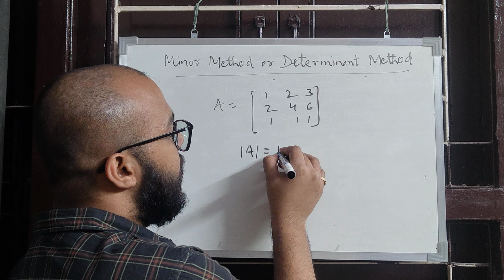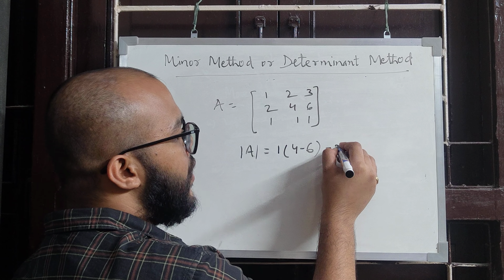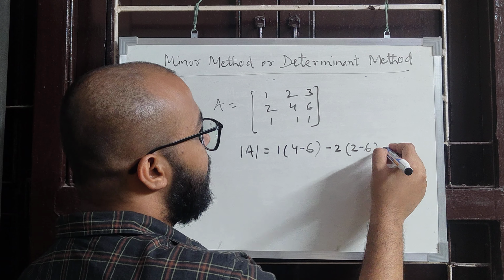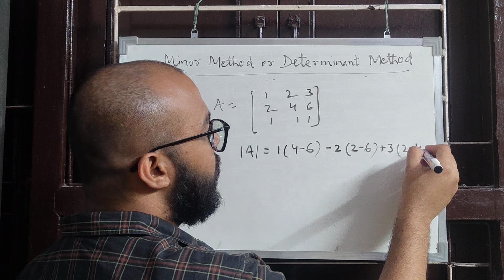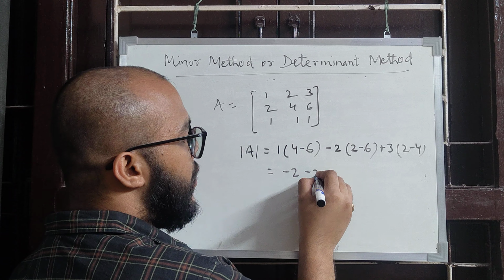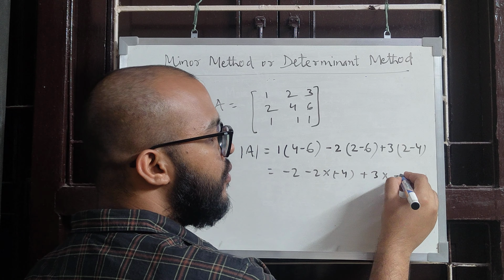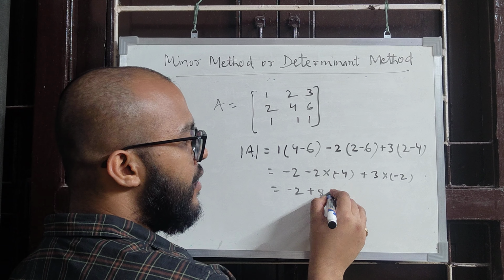Okay, it is 1 times (4 minus 6) minus 2 times (2 minus 6) plus 3 times (2 minus 4), which is minus 2 into minus 4 plus 3 into minus 2, that is minus 2 plus 8 minus 6.